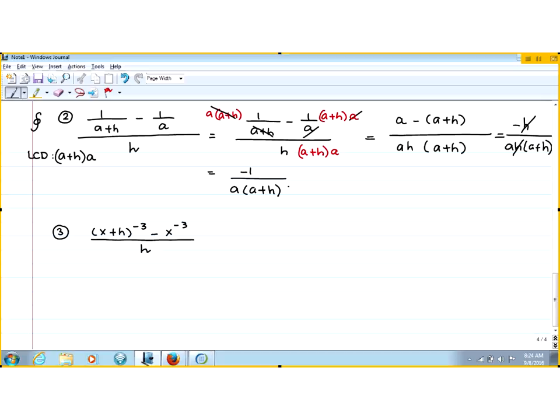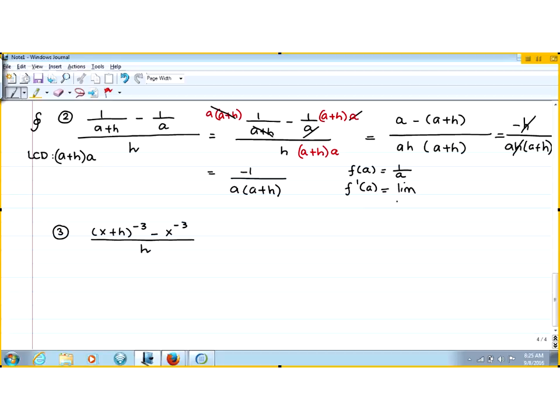Okay. Yes? So will you see this? Yes, in section 2.5 or 2.4 of calculus 1. So how is this related to calculus? You're trying to find the derivative. What is f prime of a, given f of a is equal to 1 over a?